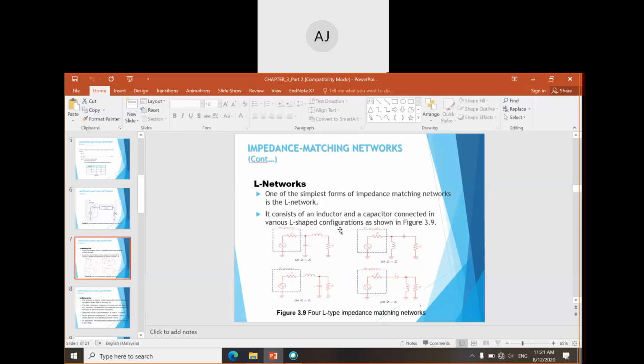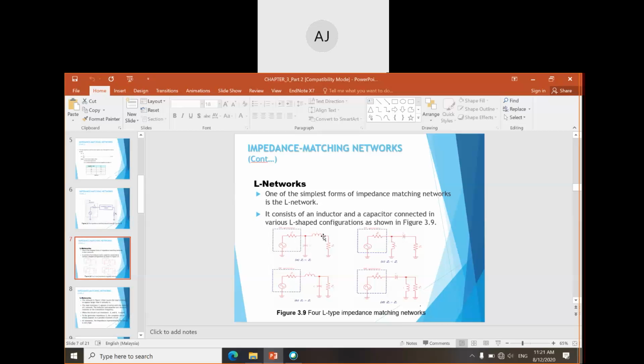All of these circuits we call the L network, but I want to explain about the first circuit. When we use this type of circuit, we put the capacitor and also the inductor in the circuit to do the impedance matching network.